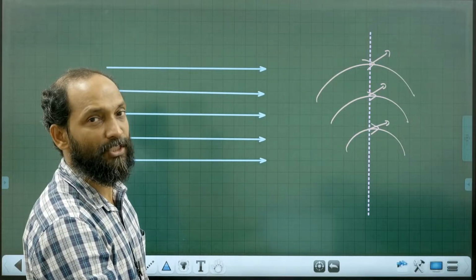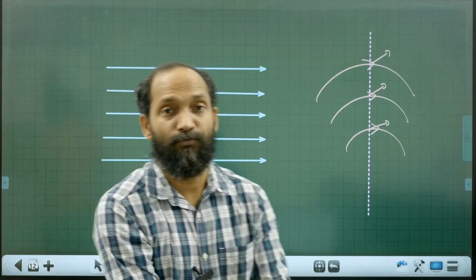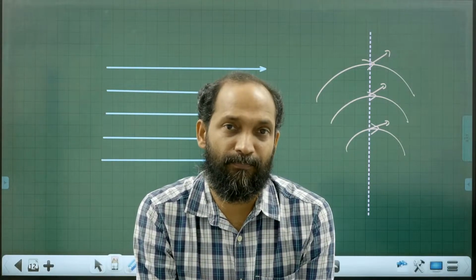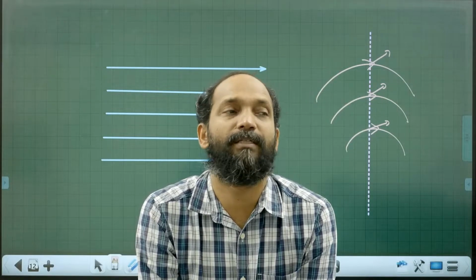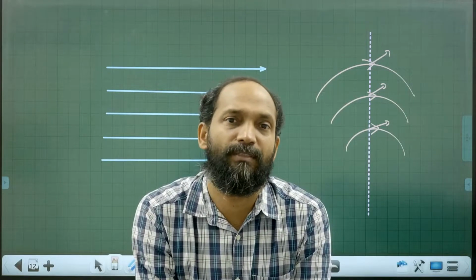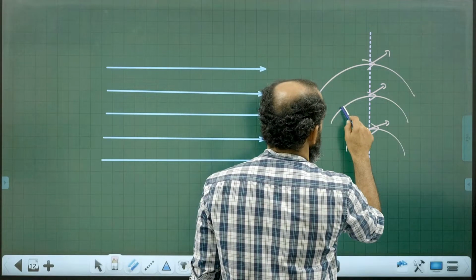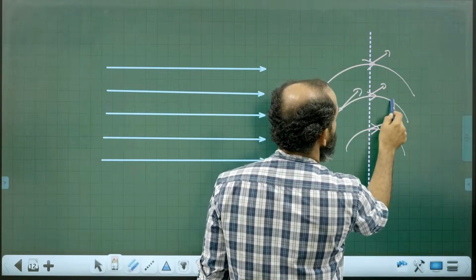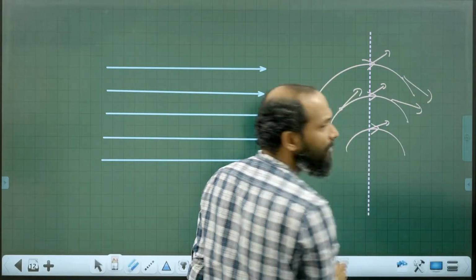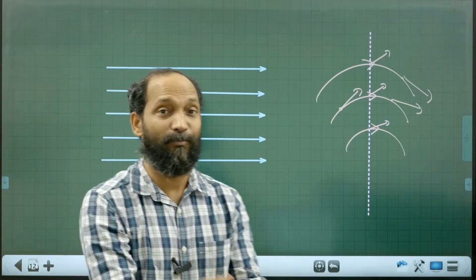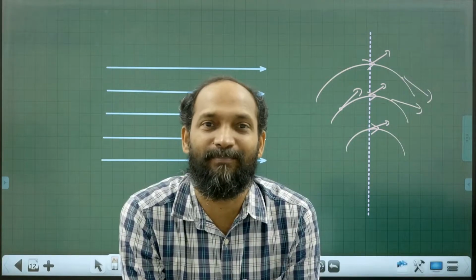See students, it should be non-uniform. It was a KVPY question, I think it is in the 2012 KVPY paper. See, all these tangents should be in the same direction, then only it will be uniform in space and time.